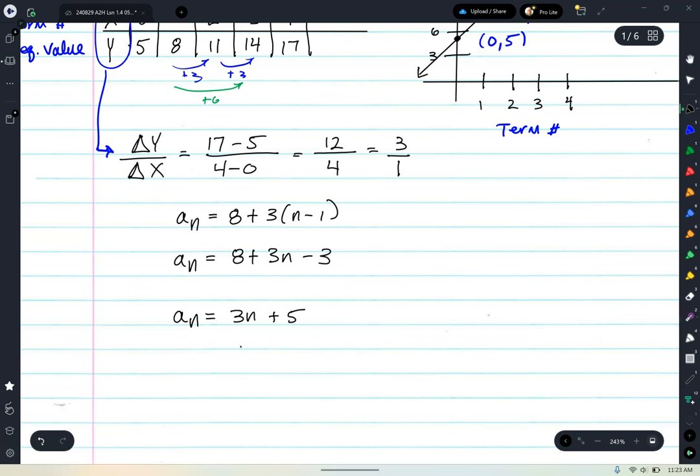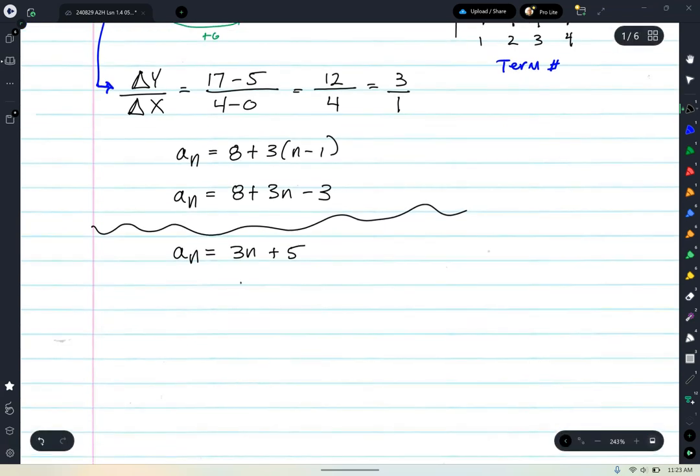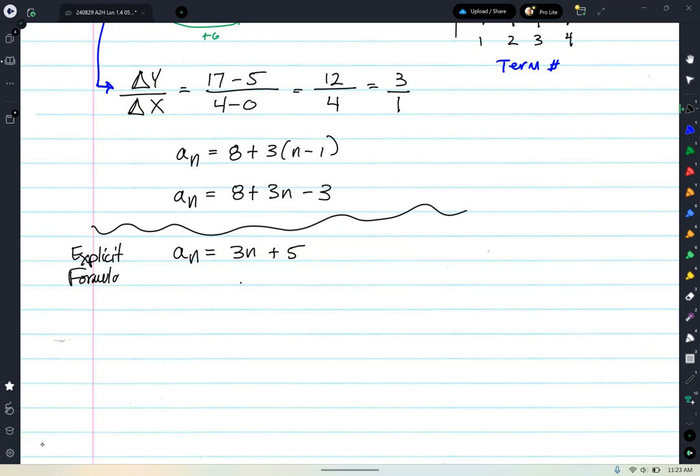Okay, let's do a little divider right here. So this is our explicit formula. Let's just do a little labeling so we're clear.